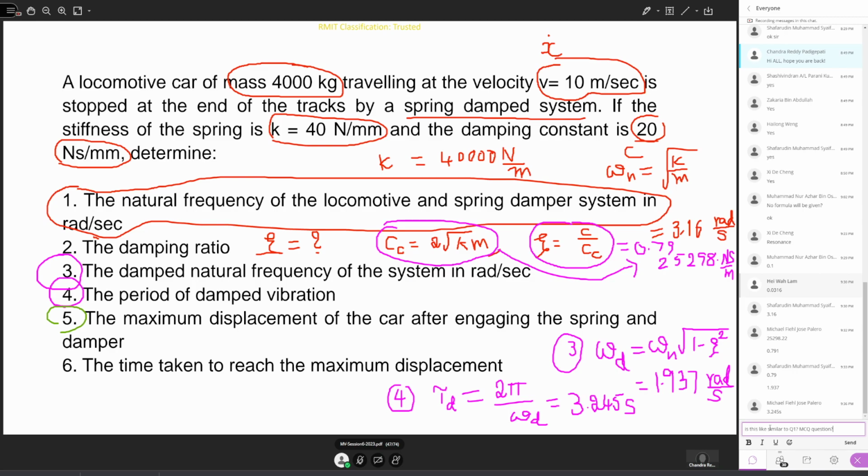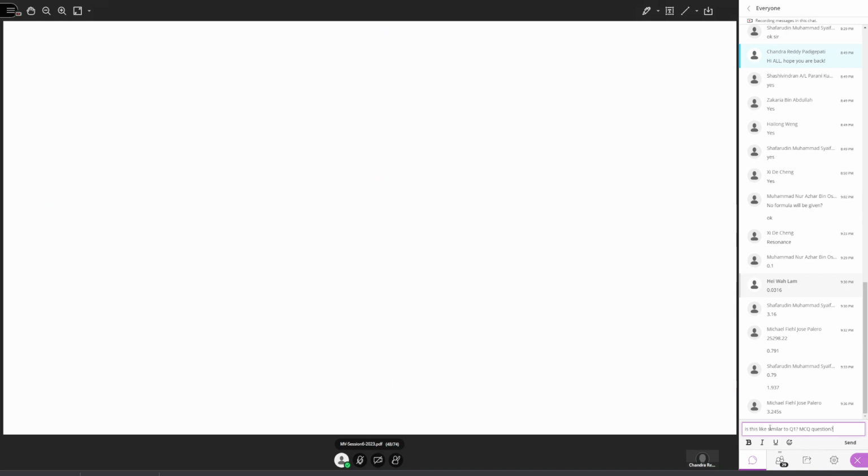The maximum displacement of the car means you need to find the response x. To calculate the response of the system, you need to know how to write the response of the system. For the given system, I'll write in the next slide.